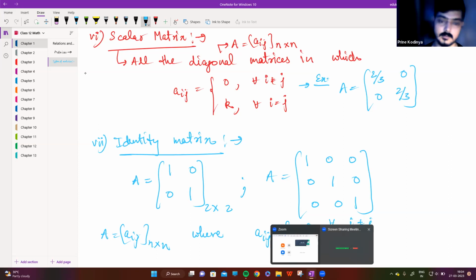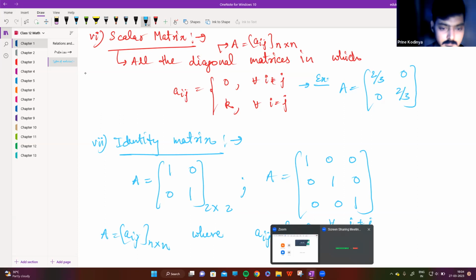Otherwise, it will be a zero matrix only. Zero matrix, by the way, has no significance. We would not like to have a zero matrix anywhere. Zero matrix is always avoidable.